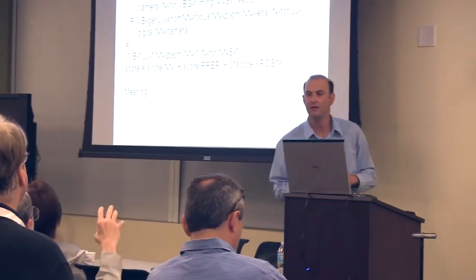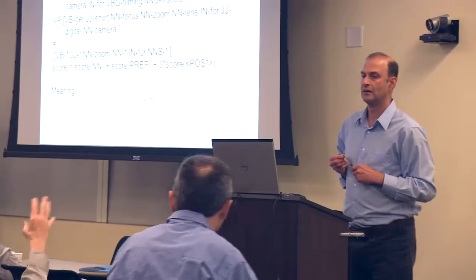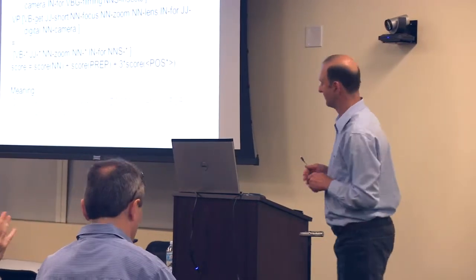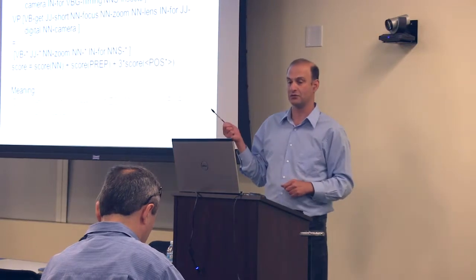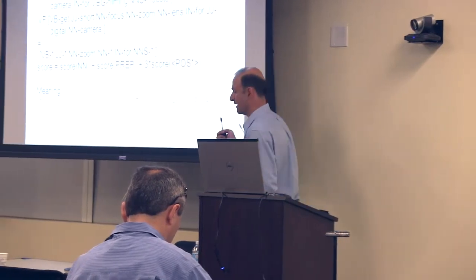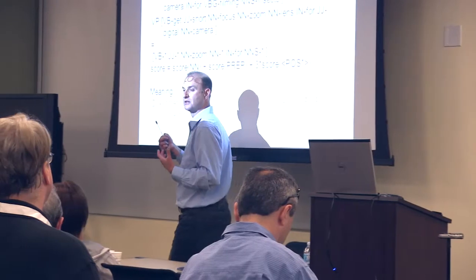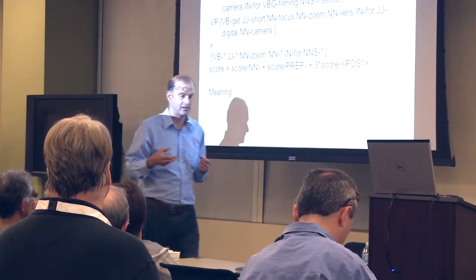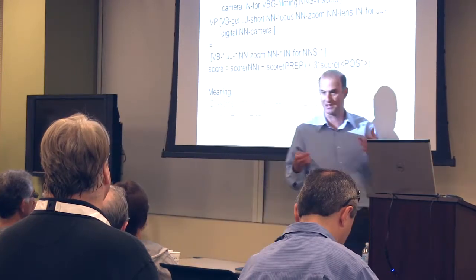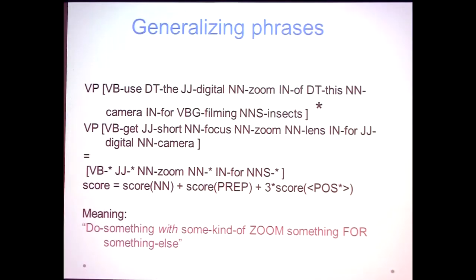Wouldn't this be destroyed by things like the difference between active and passive voice? Okay, very good question. I didn't mention that, but trees need to be normalized. For example, camera with digital zoom should be normalized to digital zoom camera. We apply transformations like normalization of parse trees, so you first normalize and then match.